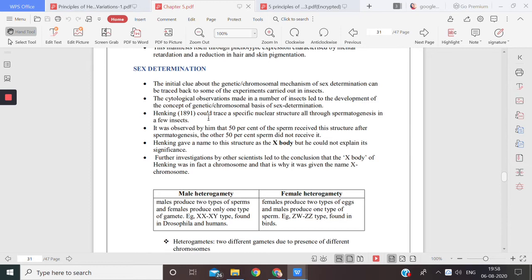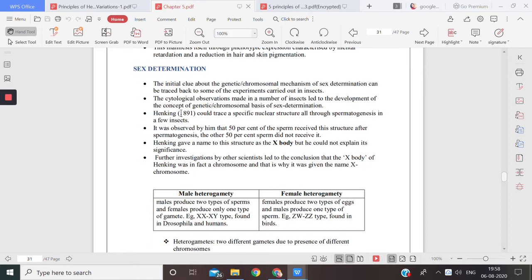And what did he observe? He observed that only 50% of the sperms received this structure after spermatogenesis. Which structure? The nuclear structure.